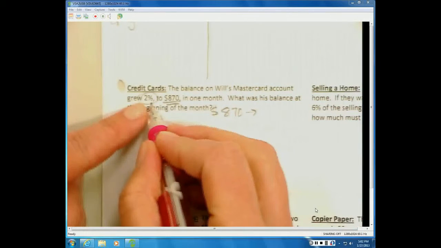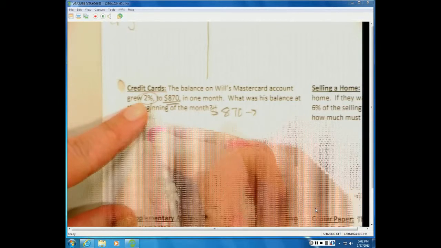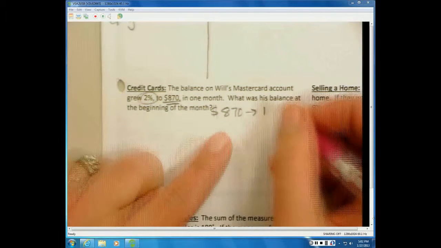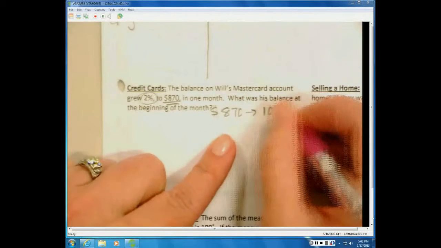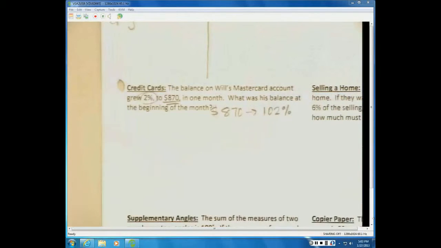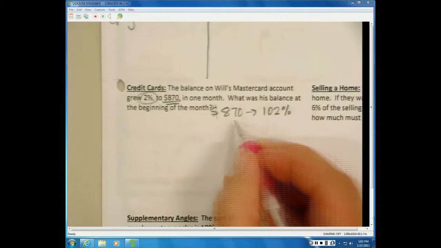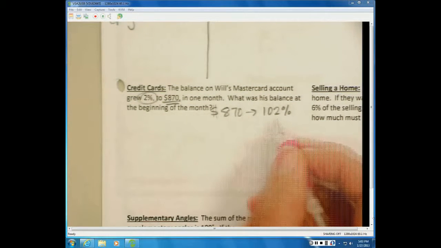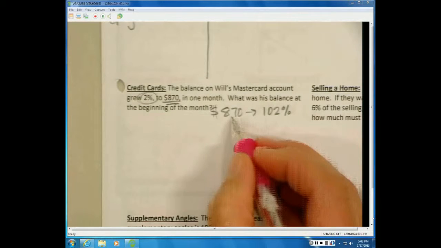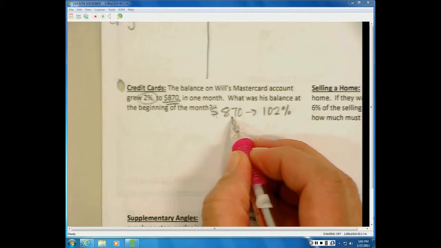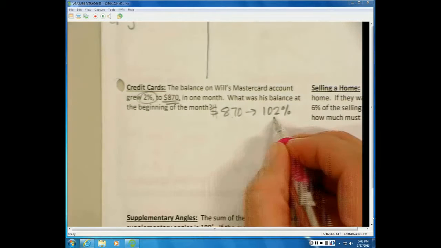Well, if the original is 100%, then the 870 is 102%. So the 870 corresponds with 102% because this is the end of the month balance. This is the end of the month percent.